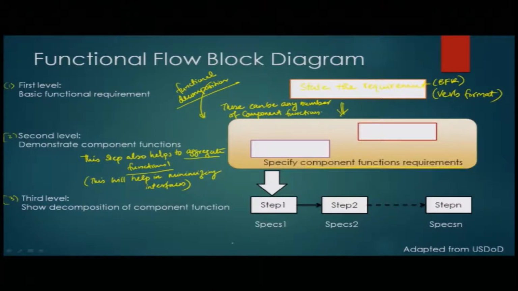Then, once the component functions are identified, you go to the third level, the decomposition of the component functions. The individual component functions are further decomposed into individual steps, the constituting steps. You can always have a fourth level. If the component functions have further components, you will have those in between and move this whole thing one level down.